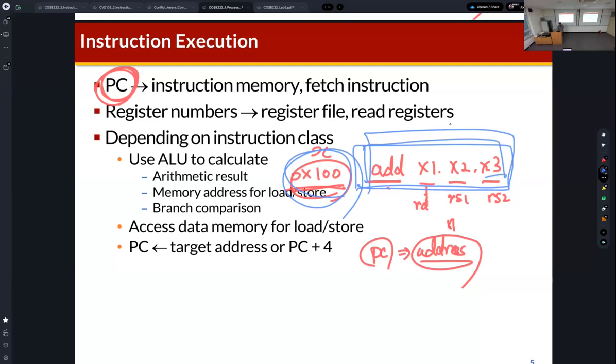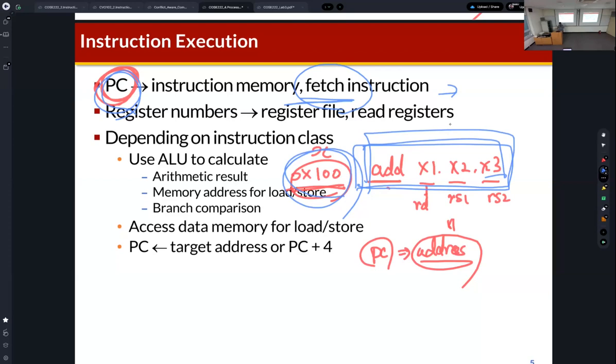So this is called the instruction fetch. Firstly, an instruction needs to be read from the memory, and for this process, we need to set the PC value. This process is called instruction fetch.